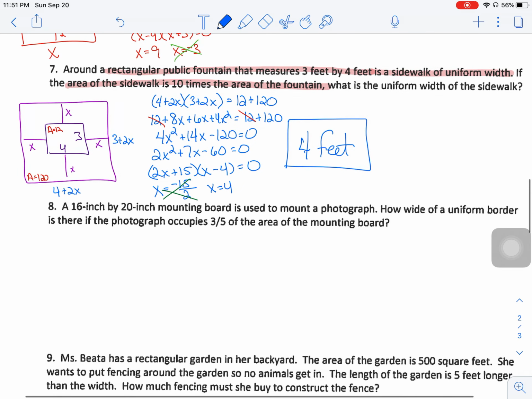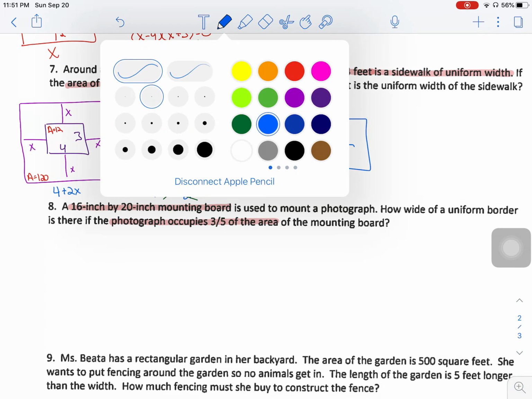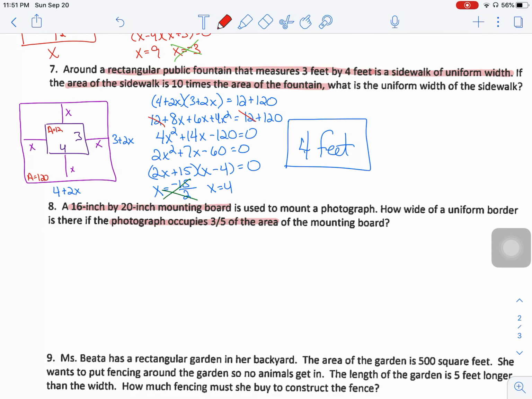But let's see what we got here. A 16-inch by 20-inch mounting board is used to mount a photograph. How wide of a uniform border is there if the photograph occupies 3/5 of the area? Okay. If you've never worked with photography before, this one's a little weird.